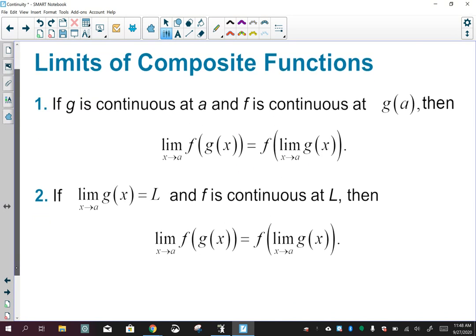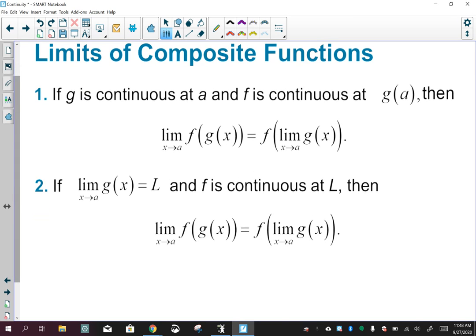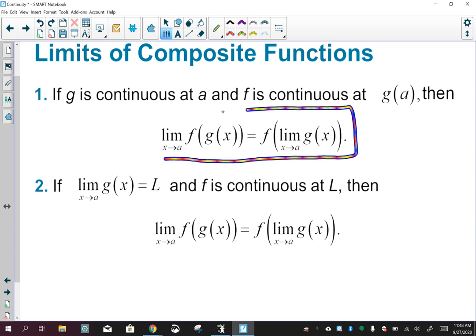So when you're looking at limits, focusing on just the limit piece of this, if g is continuous at a and f is continuous at g of a, then this is going to be a true statement here.